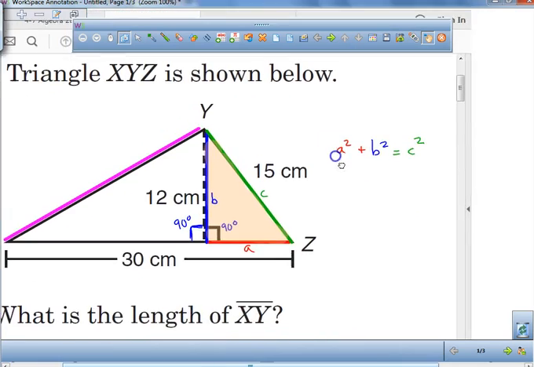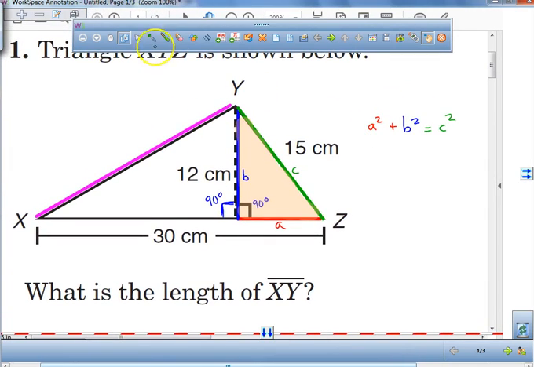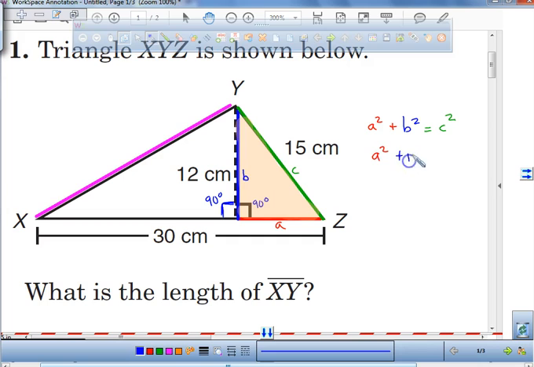Okay. So what is our value for A? We don't know yet, do we? What is our value for B, though? 12. So we're going to put 12 squared. And what is our value for C, our hypotenuse? 15 squared. So you'll notice that when we square the 12, what do you get? 144.